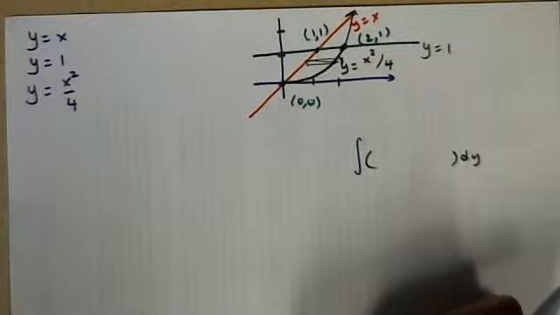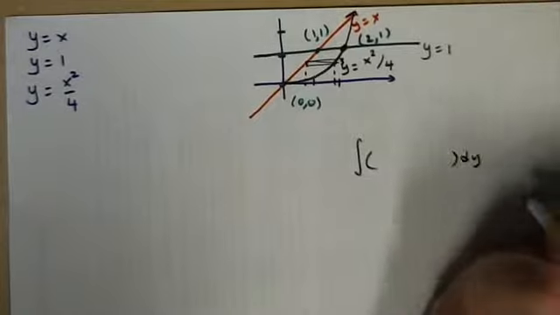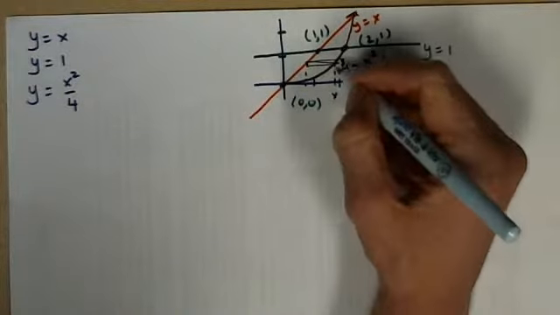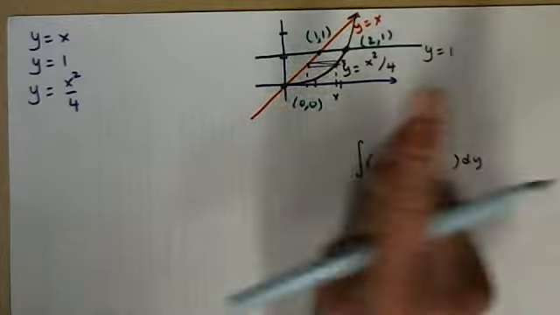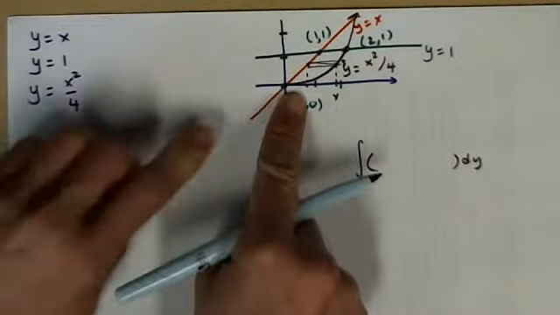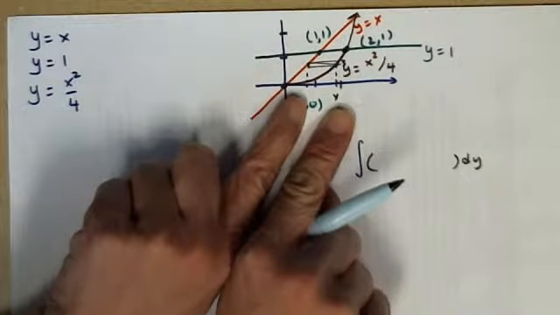But when I go to find the length of that rectangle, I need the x value on the right function and the x value on the left function.